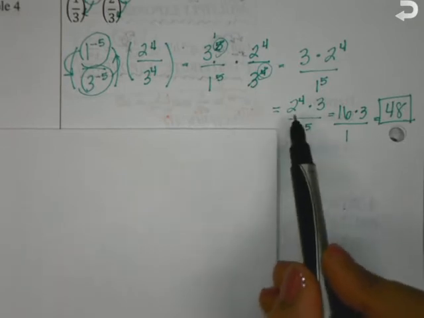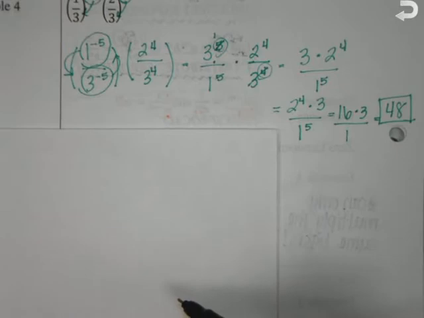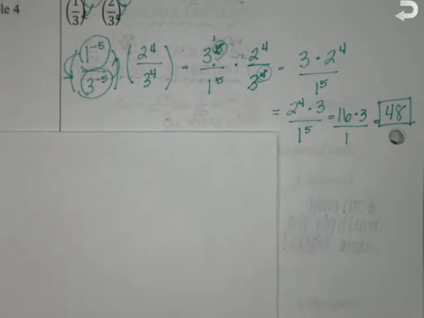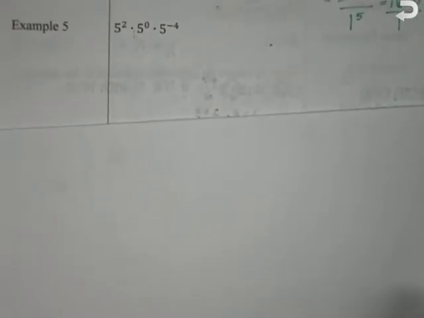Okay. Example 5 is going to be another example of that. So we have 5 to the 2nd times 5 to the 0 times 5 to the -4. So looking at this problem, are all of my bases the same? 5, 5, and 5, are those all the same?